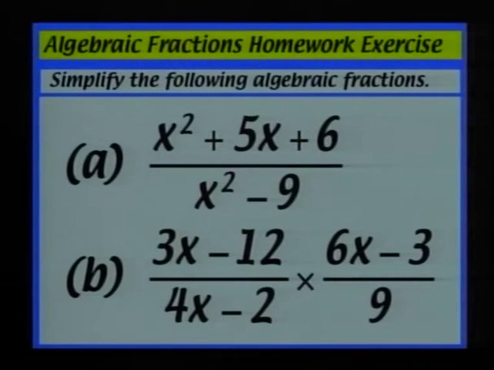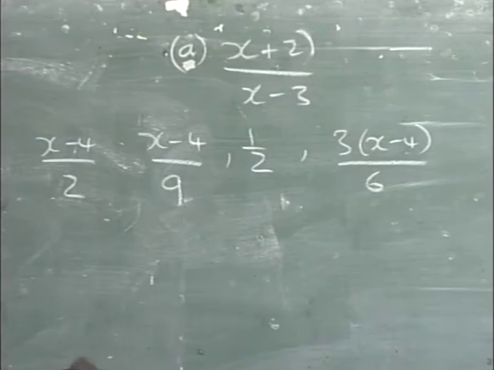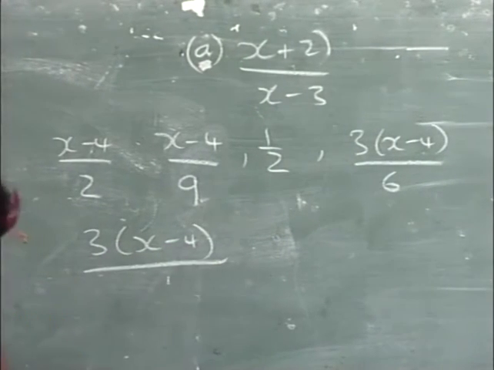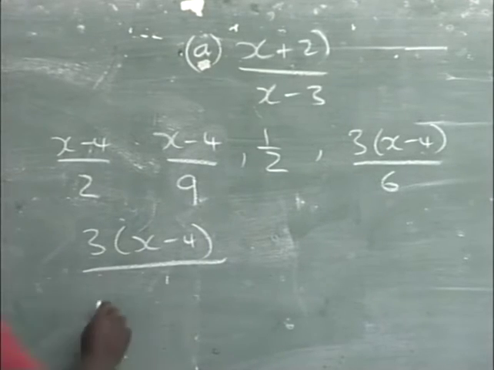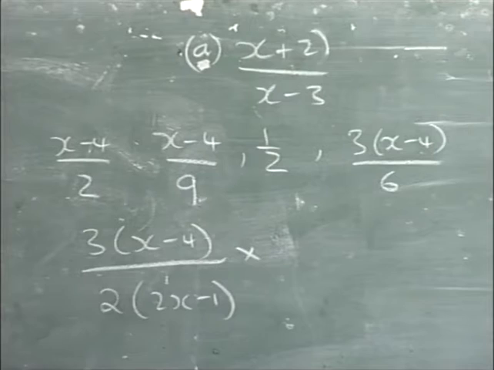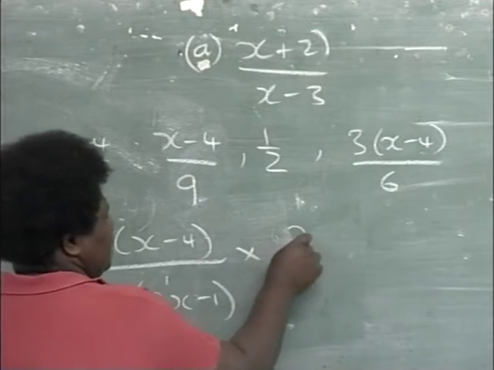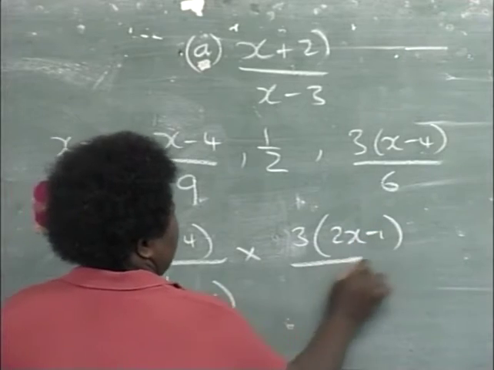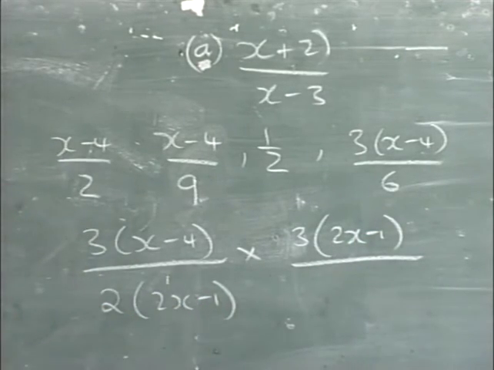Okay, let's see. 3x minus 12 is factorized as 3 times x minus 4 over 4x minus 2 is factorized as 2 times 2x minus 1 multiplied by 6x minus 3 is 3 times 2x minus 1 over 9.